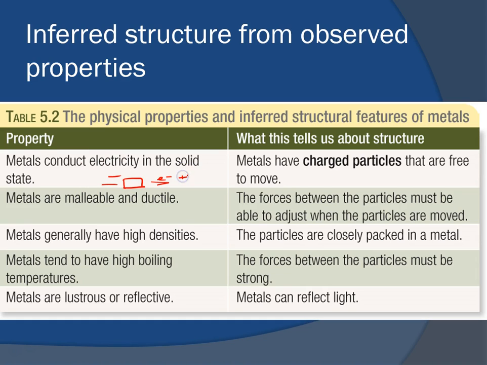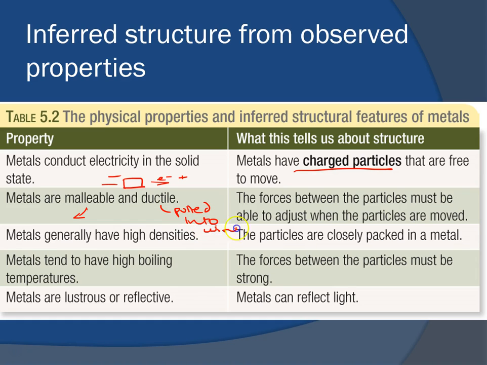In order for electricity to be conducted, there have to be moving charged particles. So this lets us know that something within the structure of the metals is charged and able to move freely. They're malleable and ductile. We said malleable was able to be hammered. Ductile is able to be pulled into wires.